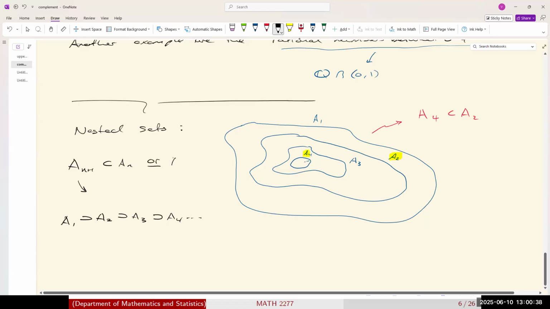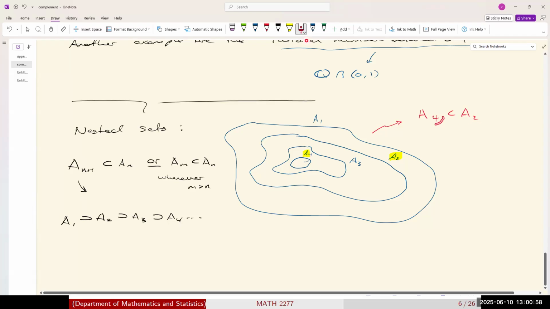So all that is saying is that A_m is contained in A_n whenever m is bigger than n. You see 4 is bigger than 2, so that means A4 must be contained in A2.